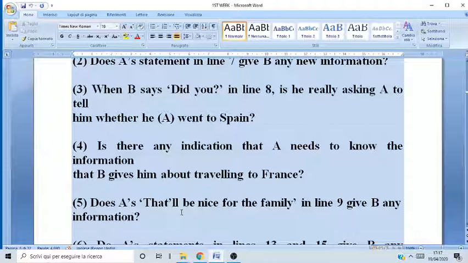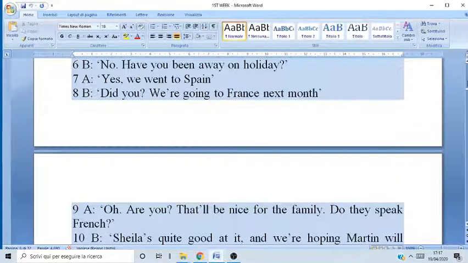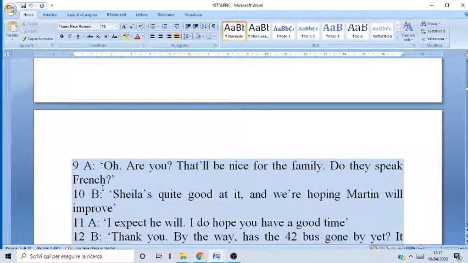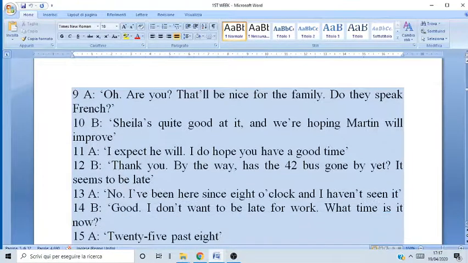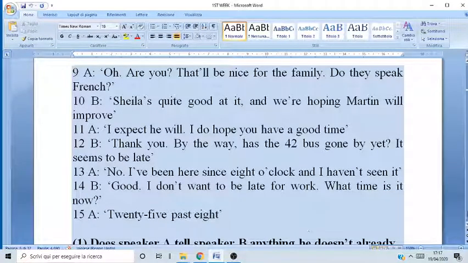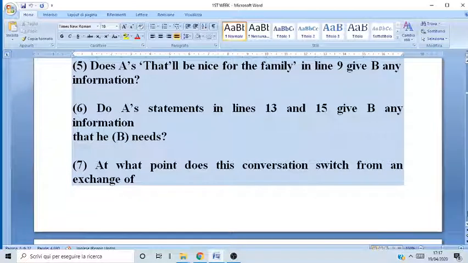Does A's "that'll be nice for the family" in line 9 give B any information? Number 6. Does A's statement in lines 13 and 15 give B any information that B needs? Statements in 13 and 15. Let's see.